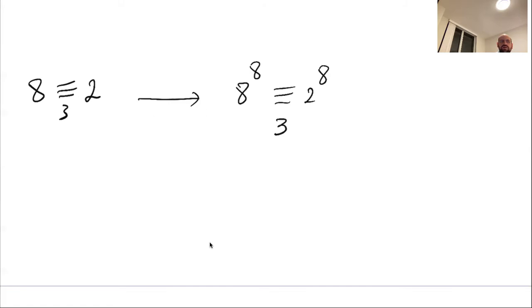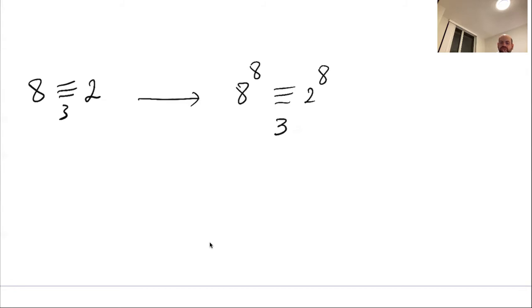So 2 to power 8, well, let's think about it. For example, 2 to power 4, we know it's 16, right? Which is congruent to 1 mod 3. And 2 to power 8 is 2 to power 4 raised to power 2, right? So I am doing a small trick here.